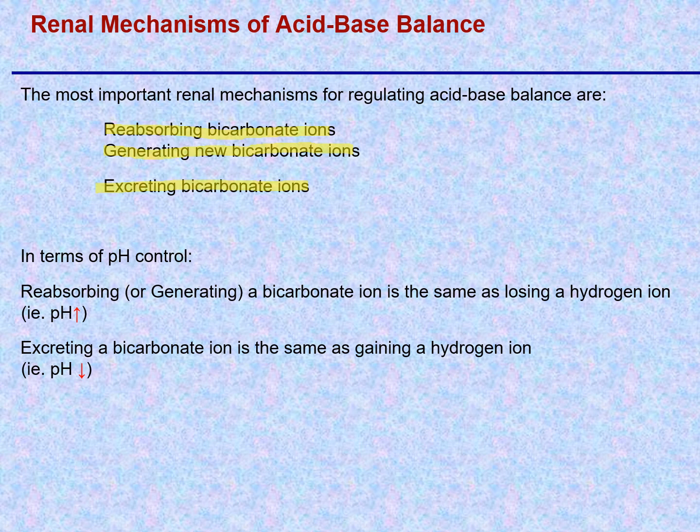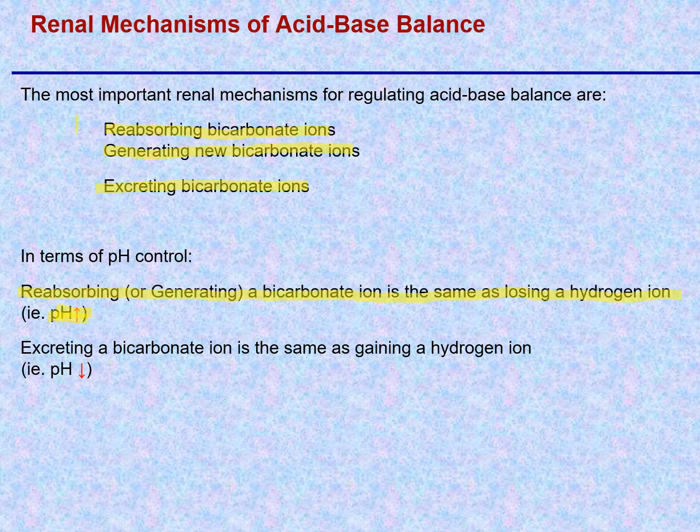In terms of controlling pH, if the kidneys are reabsorbing bicarb, and by reabsorption I mean from the filtrate that goes out into the tubular system, or if they're generating new bicarb, and I'll show you what that means, then it's the equivalent of losing a hydrogen ion, and therefore the pH rises. So this is a mechanism to increase the pH if it's too low.